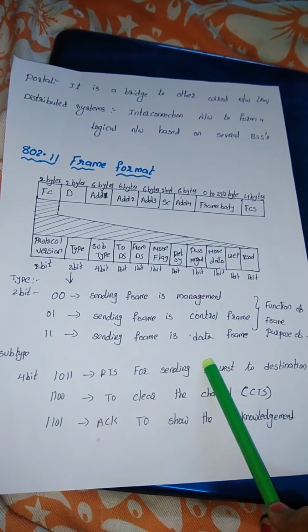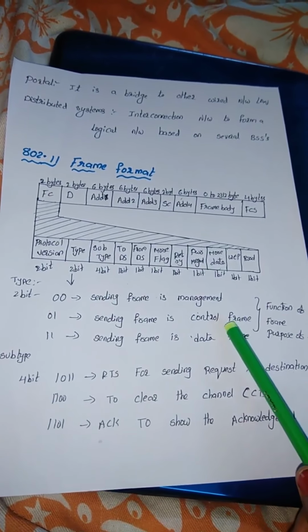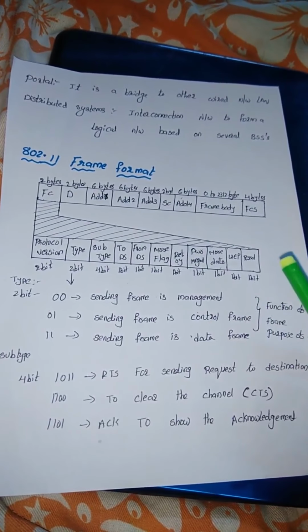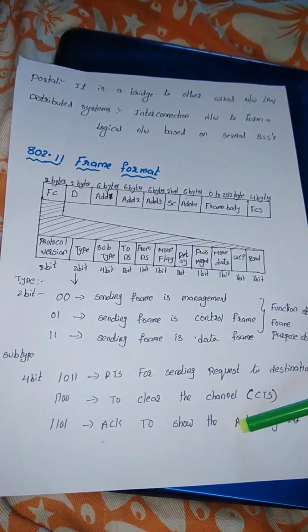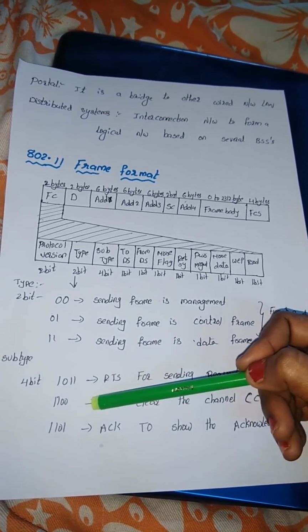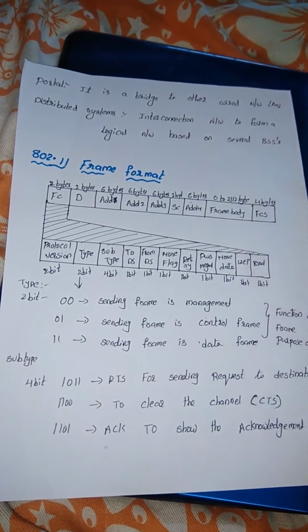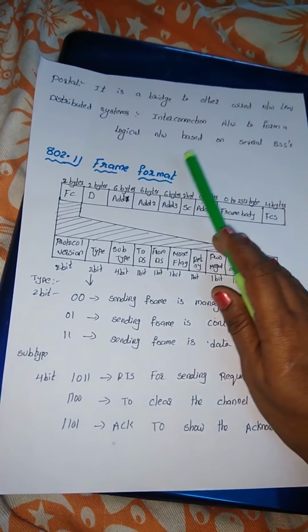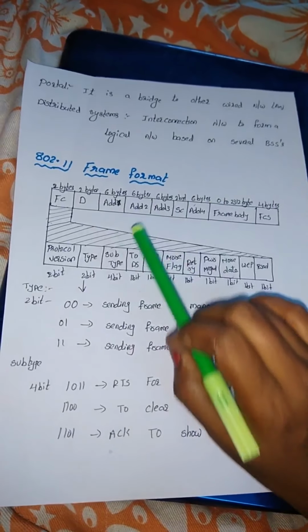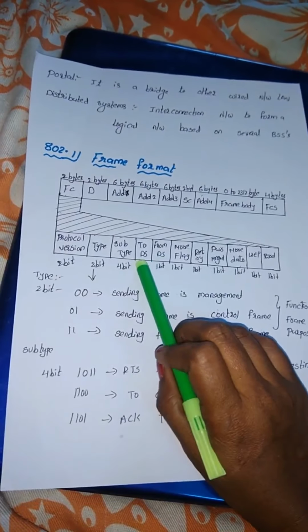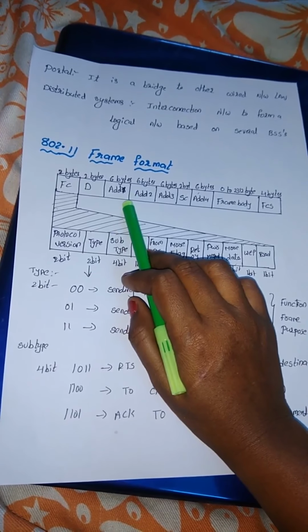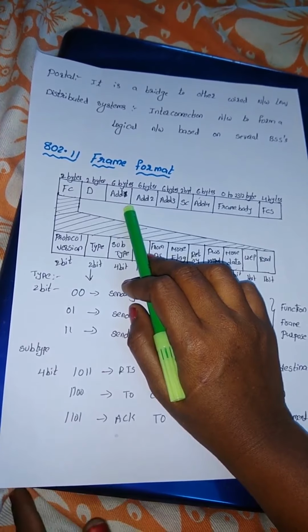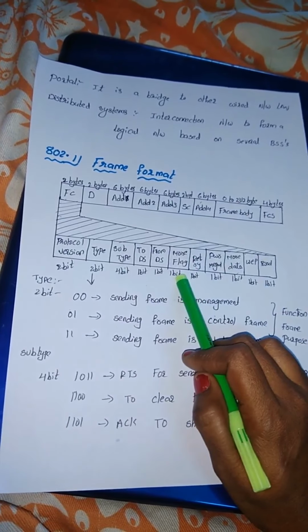After the complete transmission, the acknowledgement is represented by using this field, 1101. Coming to the next part of the frame control field, that is To DS and From DS. These two will be studied when I discuss the addresses. And next I am discussing the more flag.